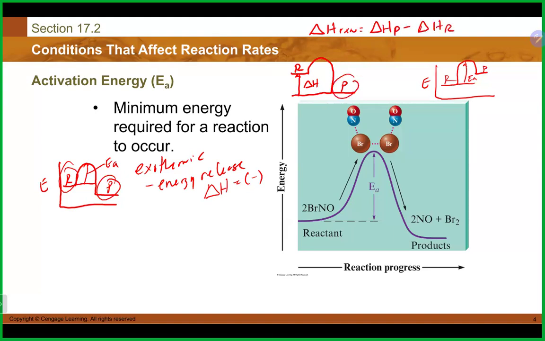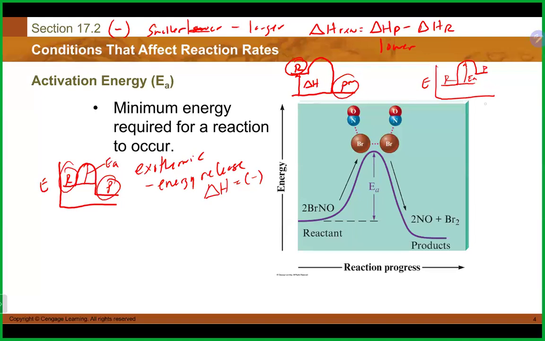And in this case, our products are actually lower in energy. So that's going to be a lower number, and our reactants are higher. So you're basically going to be subtracting a smaller number from a larger number. And when you subtract a smaller number from a larger number, you end up with a negative number, right? And that's why delta H is negative in this case.